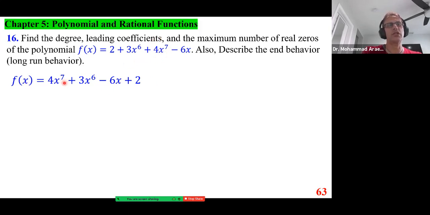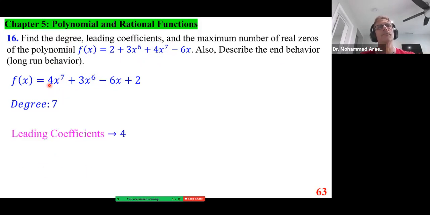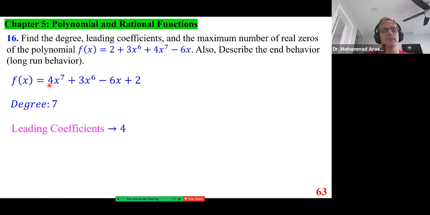So this is your leading term, which means we want to answer the question, what is the degree? 7. What is the leading coefficient? Number 4. Maximum number of real zeros, again, maximum is number 7.